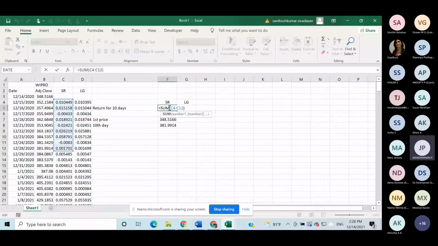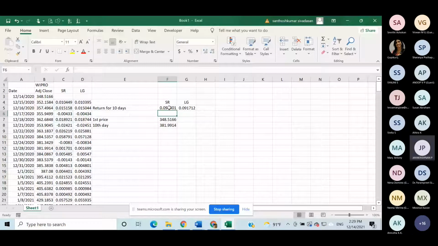So the sum is this. And I have taken the sum of the log returns also. The first day price is 348 and the 10th day price is 381. So you can compute the return for 10 days by taking the difference in prices.